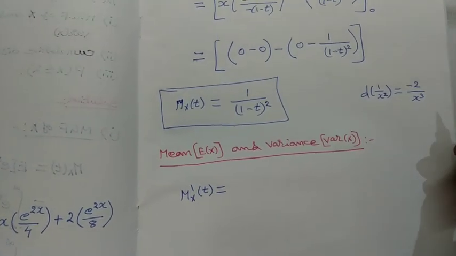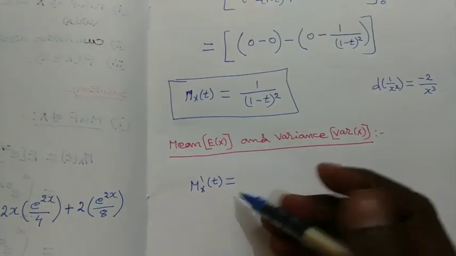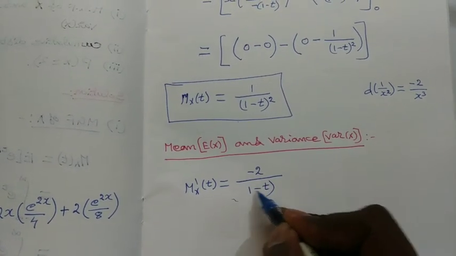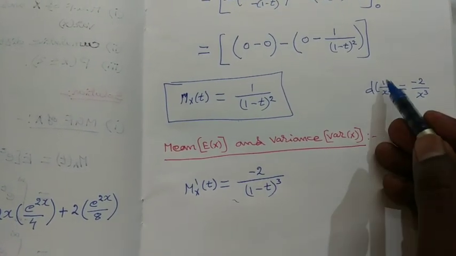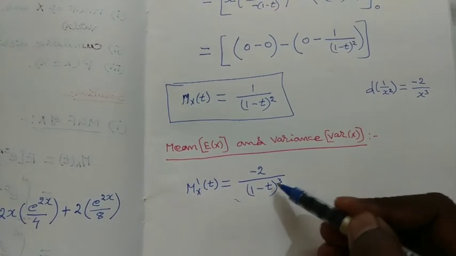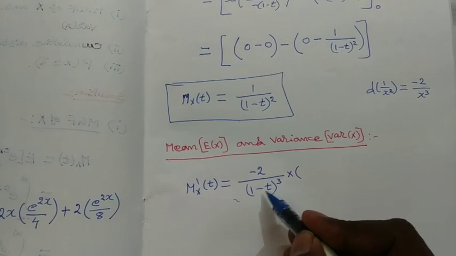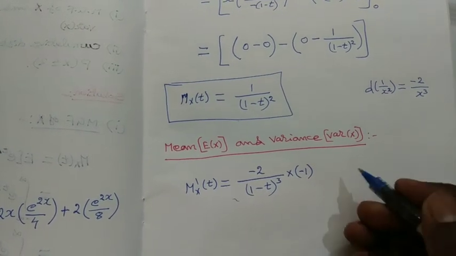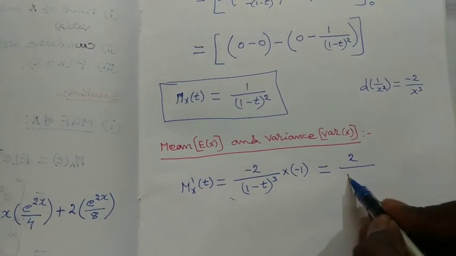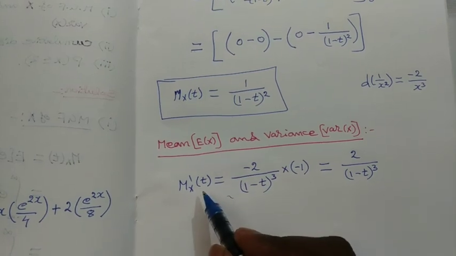By using this formula, 1 by x square gives minus 2 by x cube into the differential of the inner term; the differential of t is minus 1. So the differential part is over, and this is 2 by 1 minus t the whole cube. This is the first derivative.